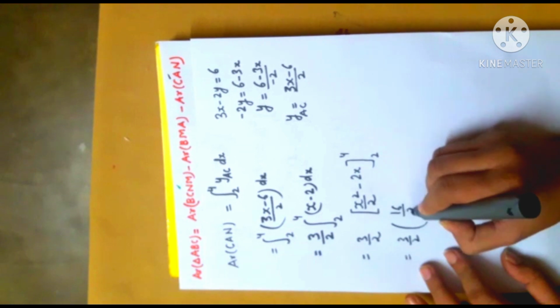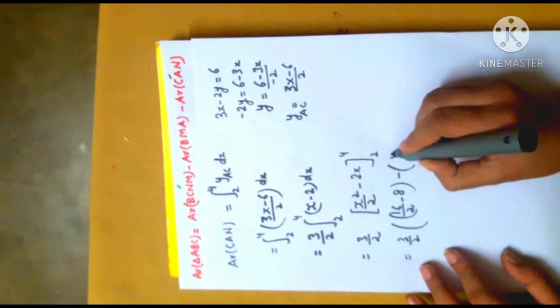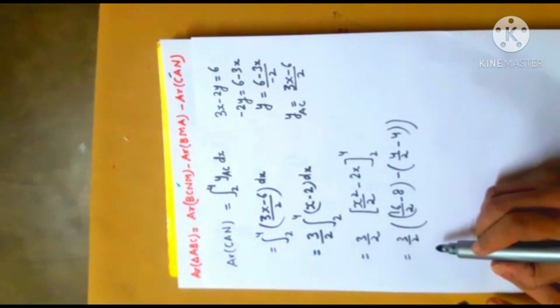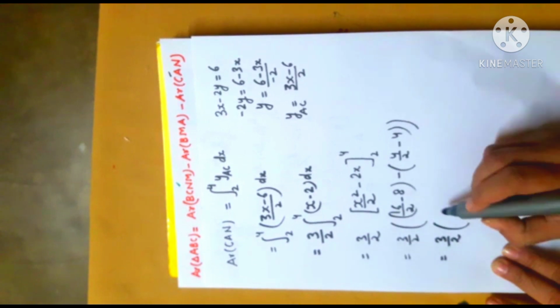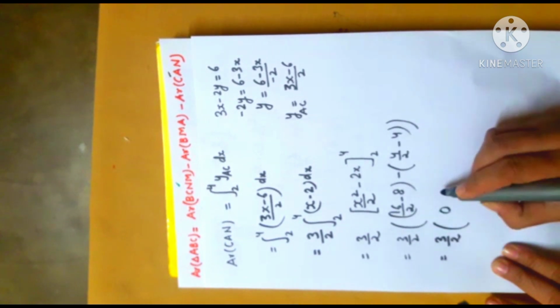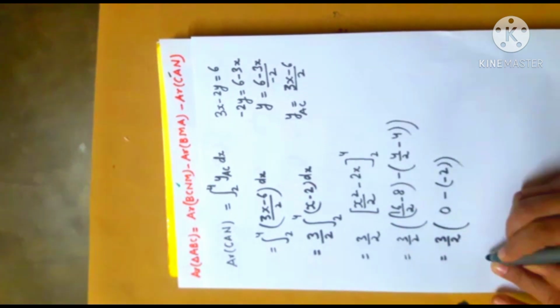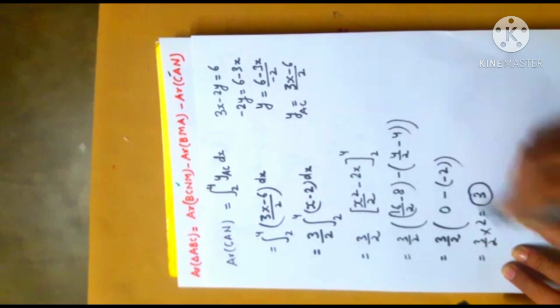It will be (16 by 2 minus 8) minus (4 by 2 minus 4). So it is 3 by 2 times (0 minus (minus 2)). So I'll get 3 by 2 into 2, that is 3.